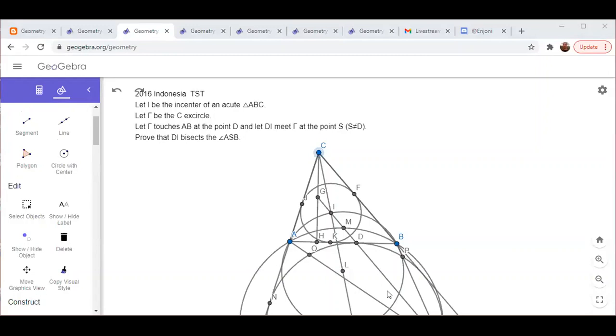Let me check YouTube. Yeah, that's the one, video 34. I have to wait for the ad to play.